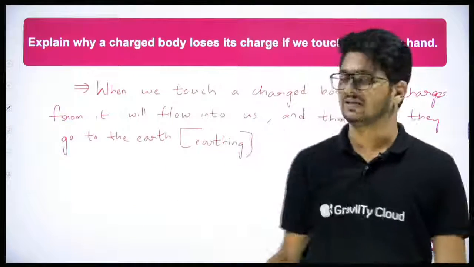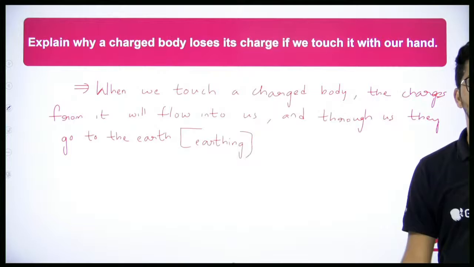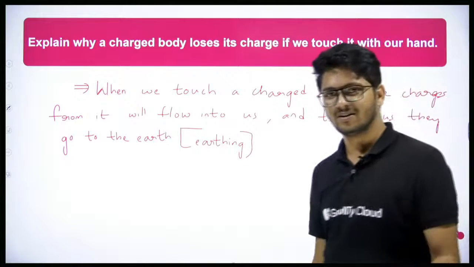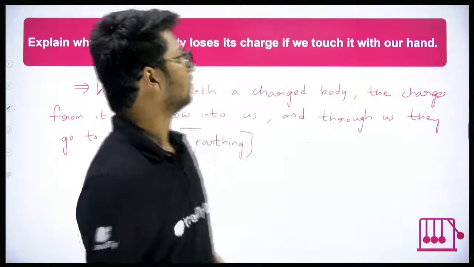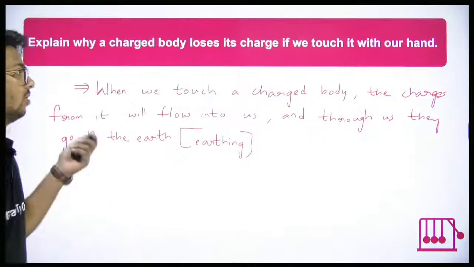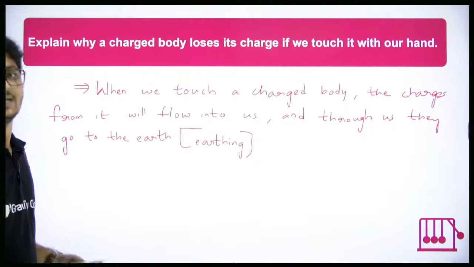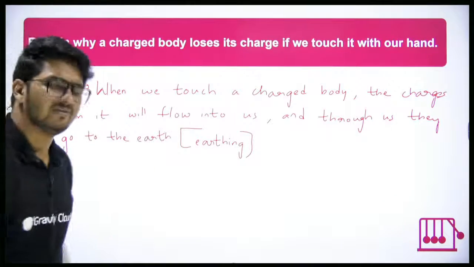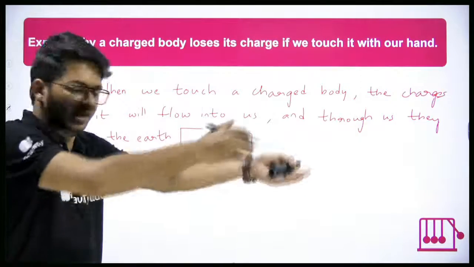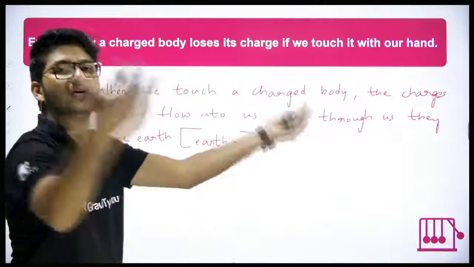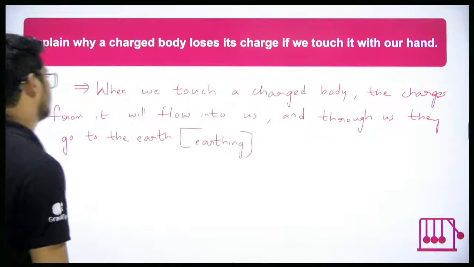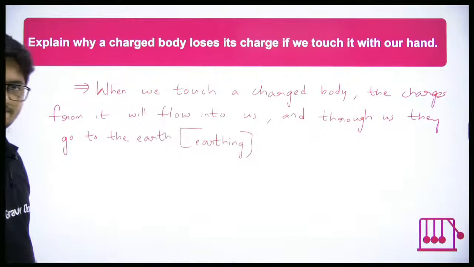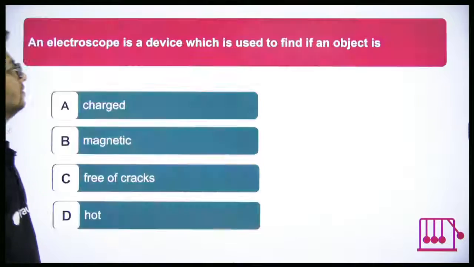It is used in many cases. Clear? Simple. Good. That is the reason why the charged object loses its charge. It loses its charges means the charges should go somewhere. They enter our body, and from our body they go into earth. Earthing. Okay? Good. Next.